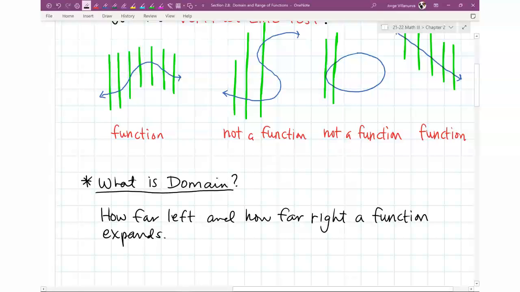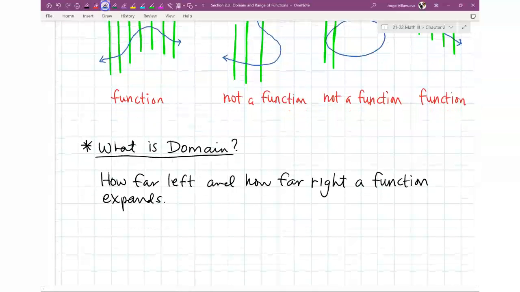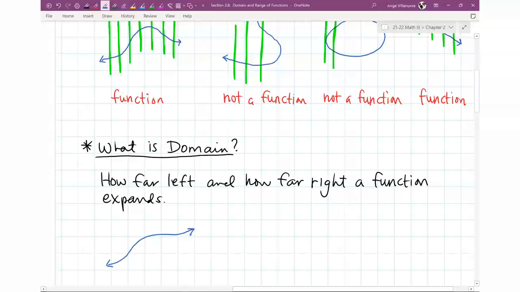Sometimes pictures have arrowheads and they keep going to the left and they keep going to the right forever, right? But sometimes some graphs have like little dots. So you might see graphs that look like this. Arrowheads mean that they keep going to the left, they keep going to the right, okay, or to the left and to the right, okay? They keep going forever and ever and ever.